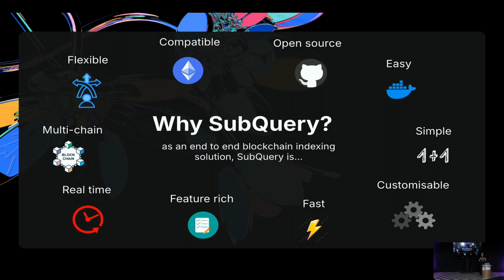We have 20, 30 developers working on this constantly for 5 years, right? We keep bringing more features, and we partner with a lot of customers and learn from their demand and feedback. So there's a lot of cool stuff that you can do with SubQuery. I really recommend visiting our docs.